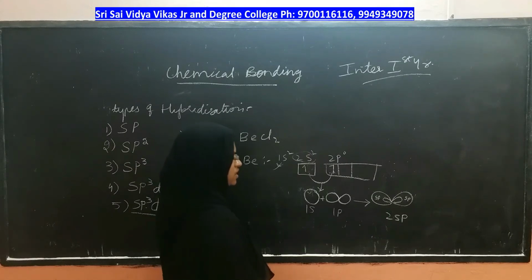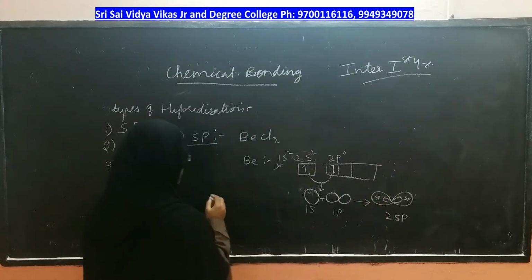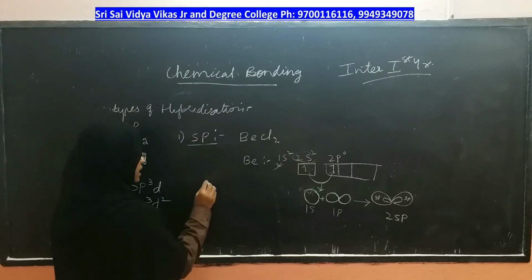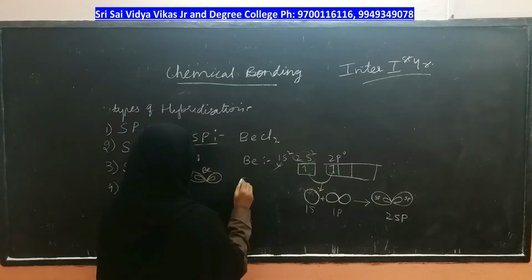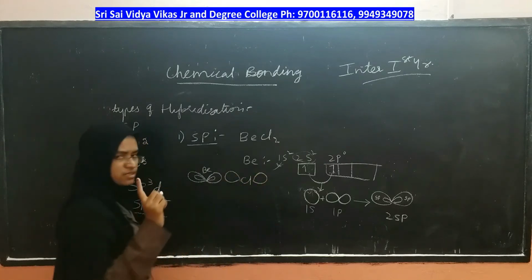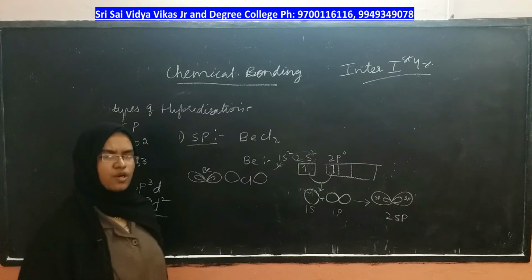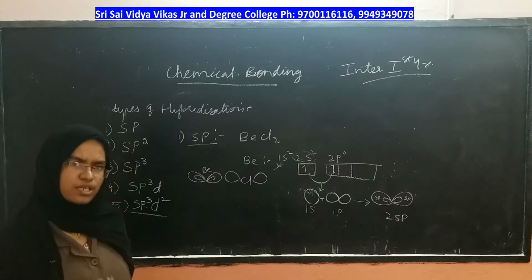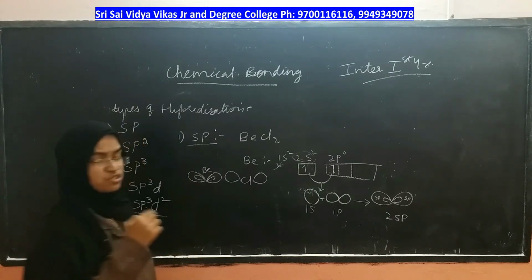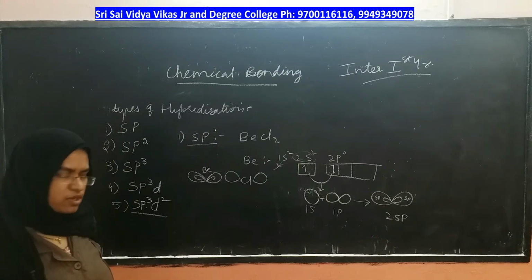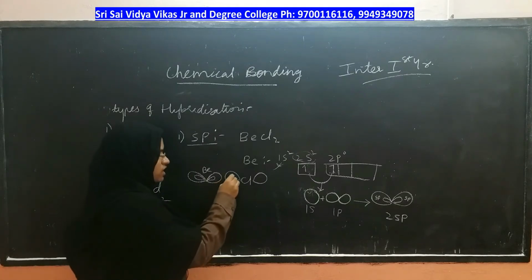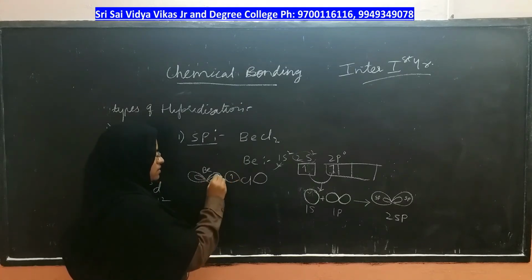Now what happens? Utilizing those sp hybrid orbitals of beryllium, it will overlap with the p orbital, the valence atomic orbital of chlorine. Which is the valence atomic orbital of chlorine? p only. Its configuration was 3p5. We know the last electron is present in a p orbital, that last atomic orbital in which only one electron is there.